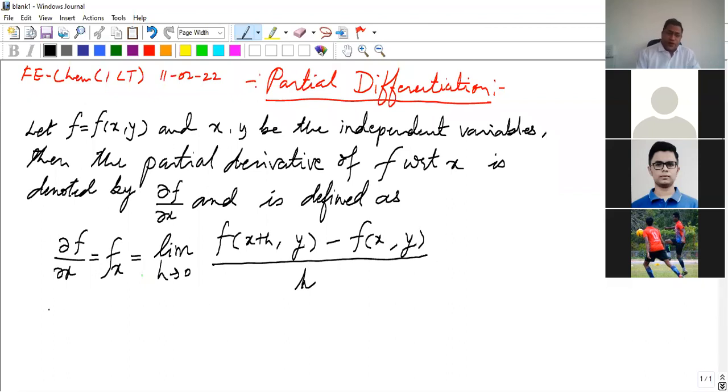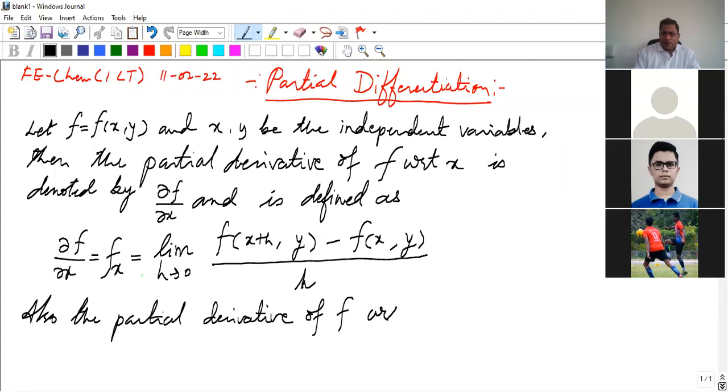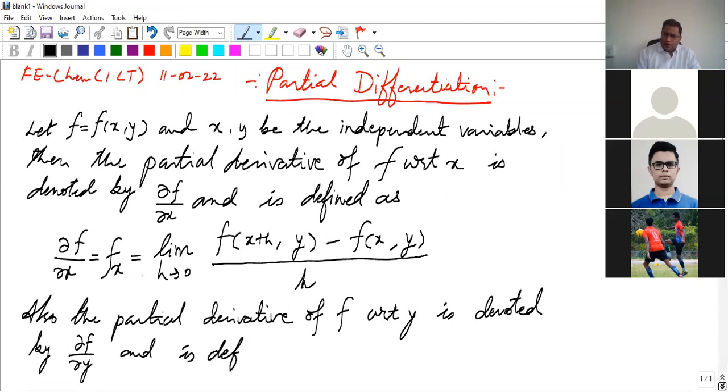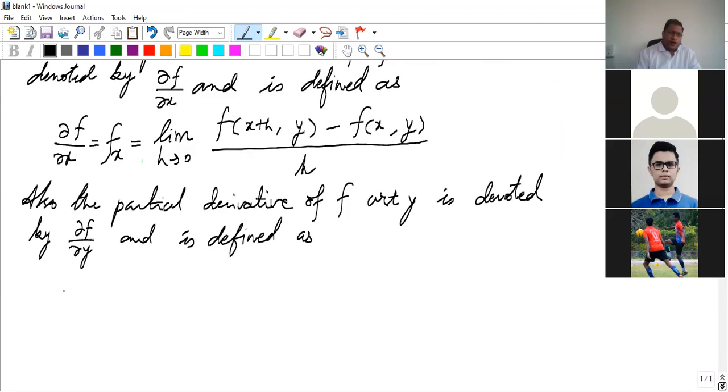Now we can also define the partial derivative of f with respect to y, denoted by ∂f/∂y. We can write fy, which is the limit as k tends to 0 of [f(x, y+k) - f(x, y)]/k.